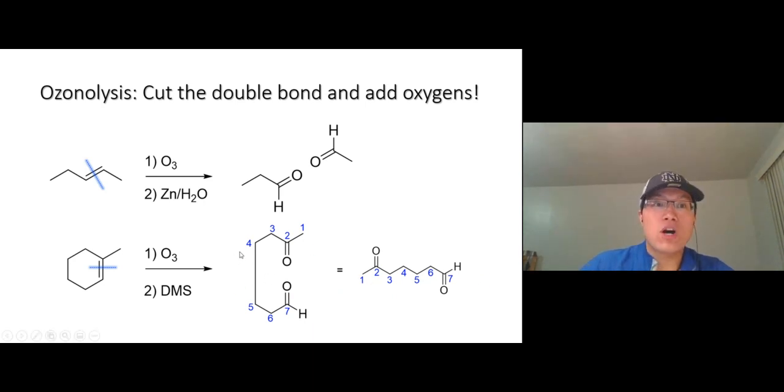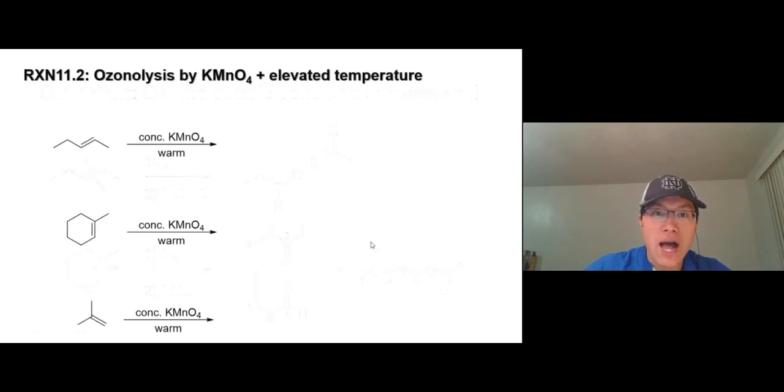So that's what ozonolysis does. Ozonolysis is the only reaction we've learned so far that cuts a carbon-carbon bond. That's really important, because in other reactions we just add things onto the alkene. This one we cut the bond and oxidize it, adding oxygen to it.